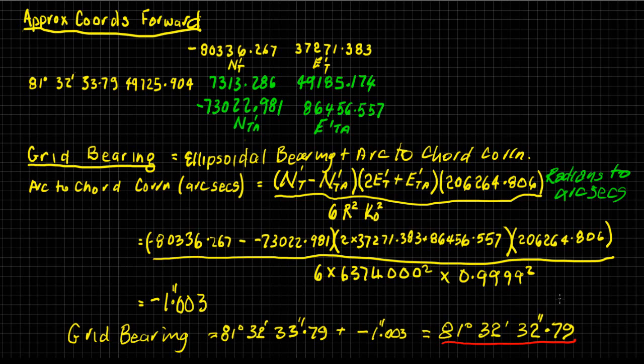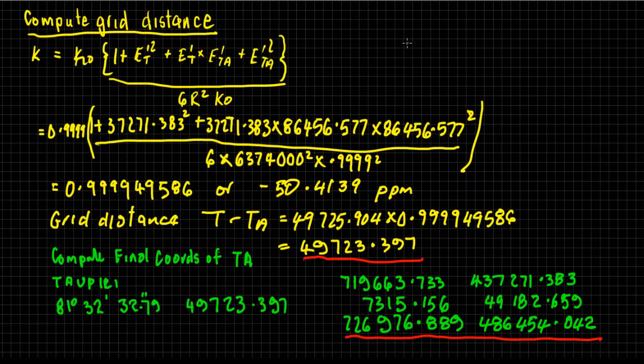So there we have it, a fairly simple calculation of the grid bearing. Remember, if we had just observed this, it's so much easier because we have a coordinate at the other end, but that's just there for the purposes of checking our calculations to make sure we're doing it right. Now, the next thing to do is compute the grid distance, using the formula shown here and the easting values.